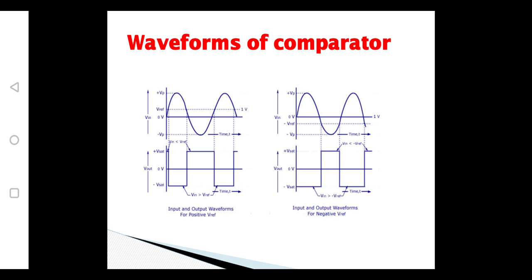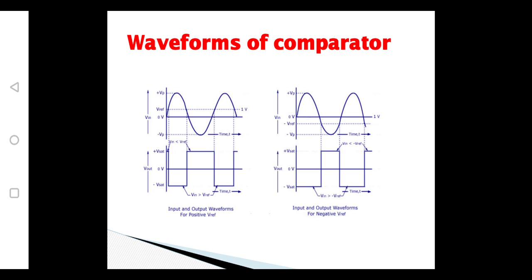In this, the input voltage is greater than the reference voltage, but the output we are getting is minus V saturation. So both the waveforms are related to an inverting comparator, but the first waveform is with respect to a positive reference and the second waveform is with respect to a negative reference.